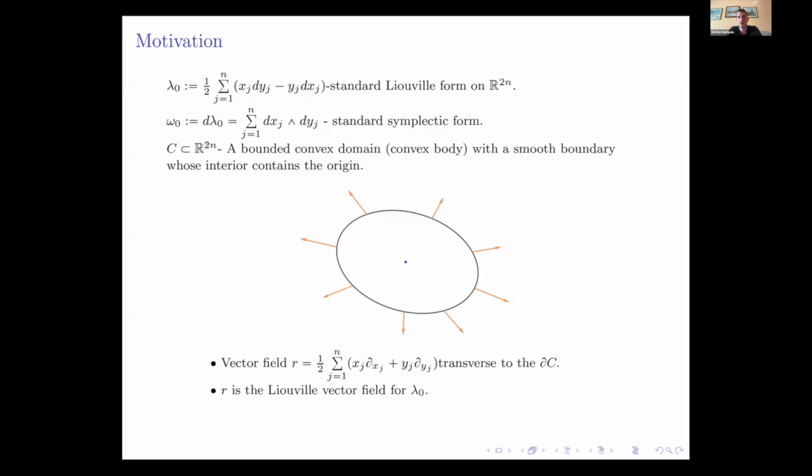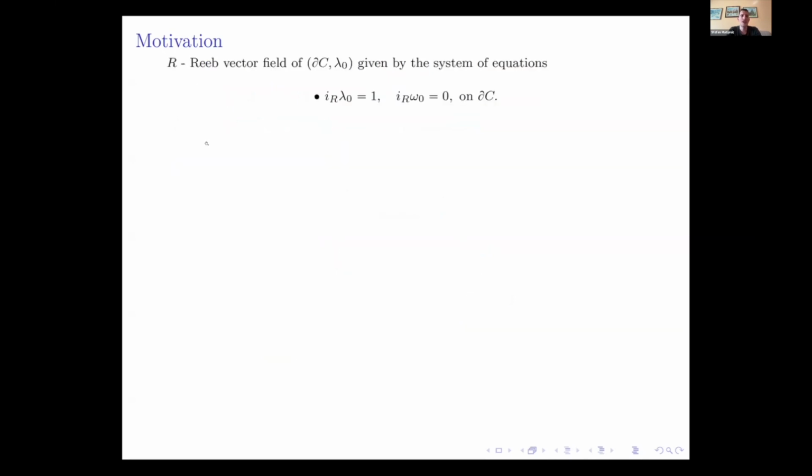Because this is the Liouville vector field for lambda 0, C with lambda 0 is a Liouville domain, which means when we restrict lambda 0 to the boundary, we have a contact form. In particular, we have a Reeb vector field given by the standard system of equations.